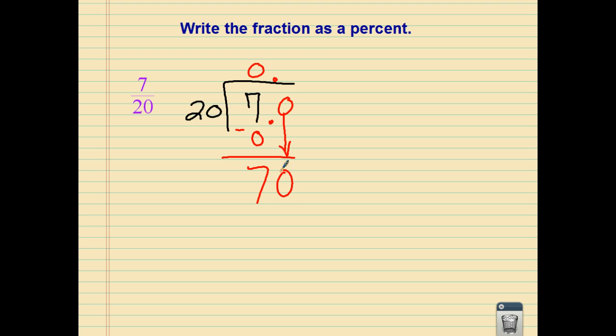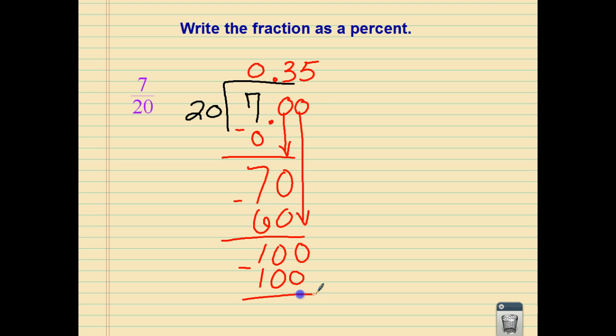So 20 goes into 70 only 3 times. Subtract, we have 10 left over. Add a 0, bring it down. And 20 goes into 100 5 times. And that gets us a remainder of 0.